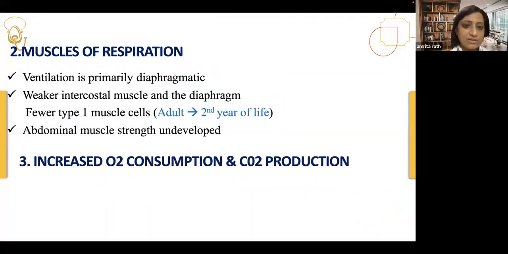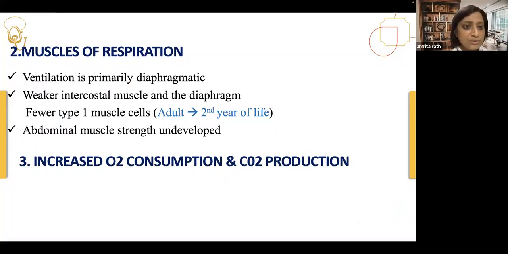Second comes the muscles of respiration. Normally we know the respiratory muscle of inspiration is mainly the diaphragm. And the diaphragm has two types of cells, type 1 cells and type 2 cells. Type 1 cells are the good cells which are fatigue resistant. Type 2 cells are fatigue prone. Newborns have only about 10% type 1 cells, and that transition happens by the second year of life.